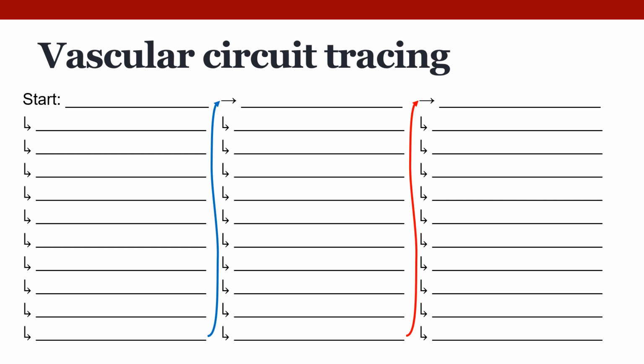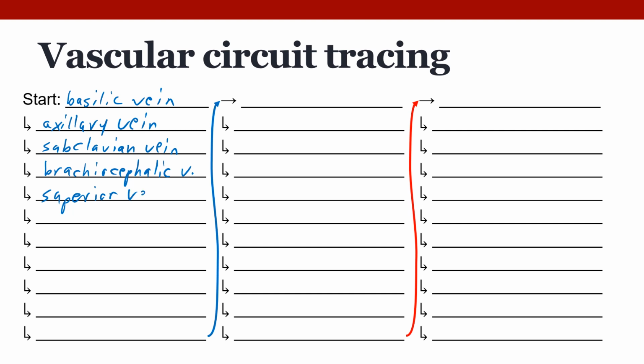We might pick, for example, the basilic vein, which empties into the axillary vein, which empties into the subclavian vein, which empties into the brachiocephalic vein, which empties into the superior vena cava. Okay.